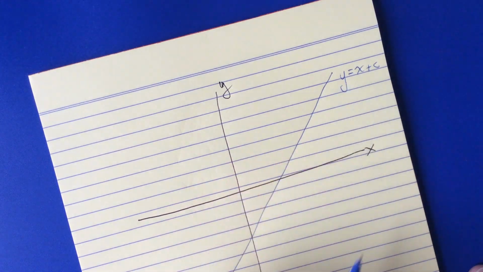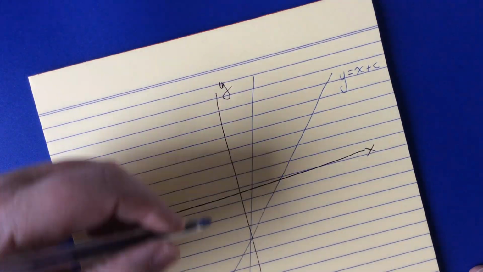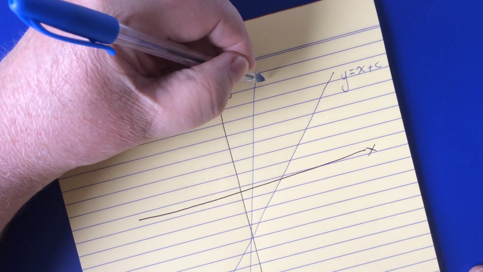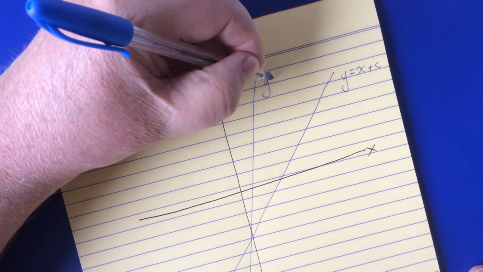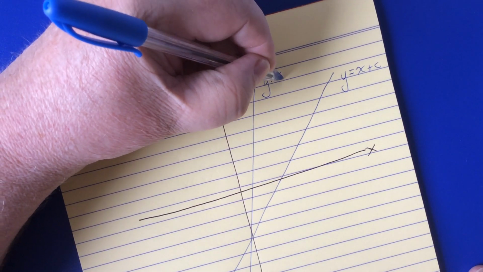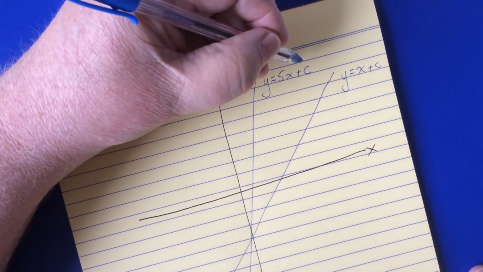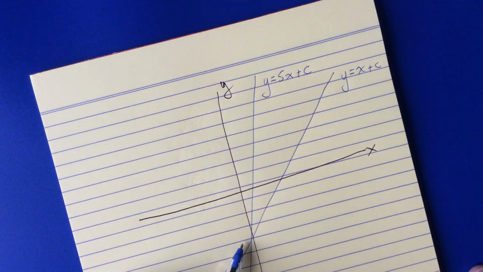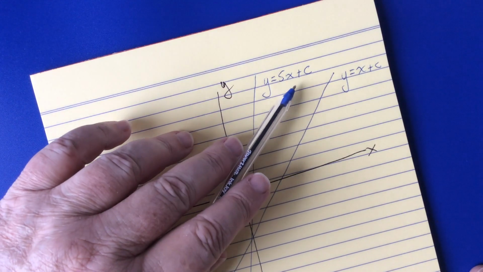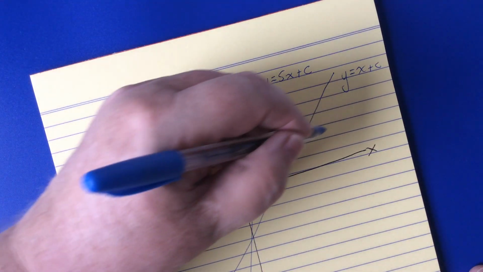Okay? 1x plus c. Let's draw another line. This has got a larger gradient. So this might be, I'm not saying it is, but it might be y equals 5x plus c. Now you'll notice that in both cases the intercepts are down here in the negative territory of the y-axis. We still say plus c because it could be plus a negative number. We can write it like that.